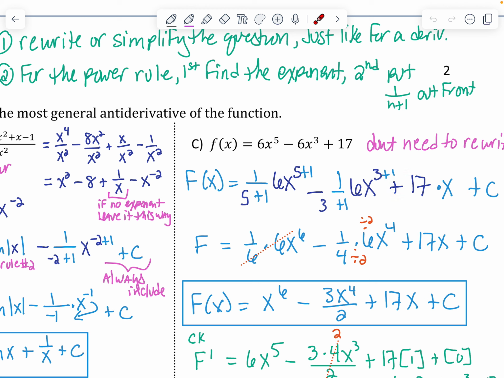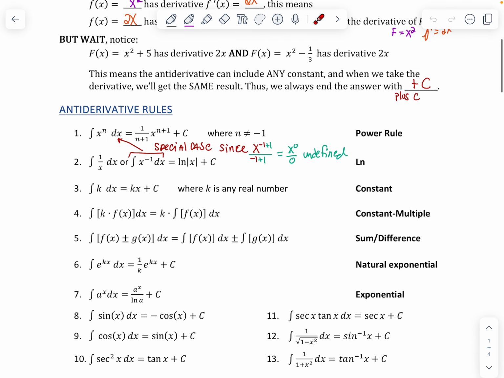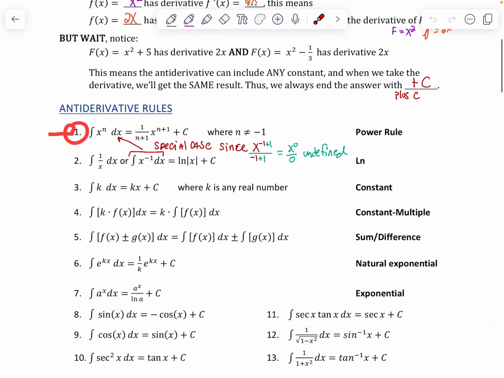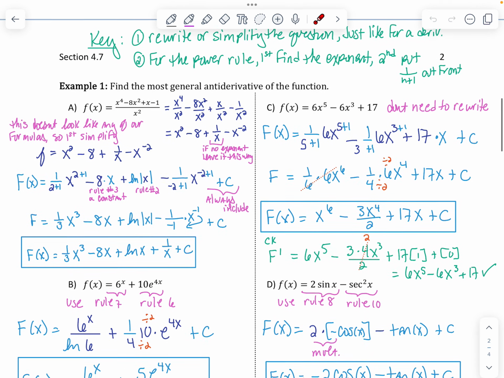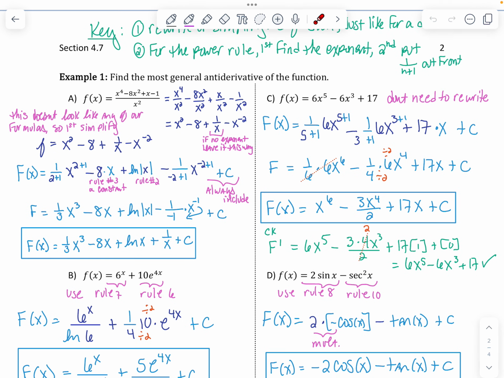Plus 17 stays here, but remember that's a scalar. So since we're using the variable x, I get to just stick a single x there, and then we end in plus c. So just looking back, I used rule 1 and then rule 3 where I had a constant. The only thing left to do is simplify.